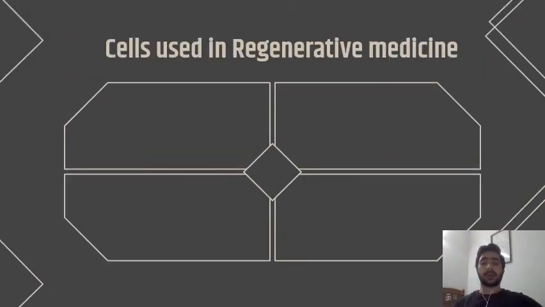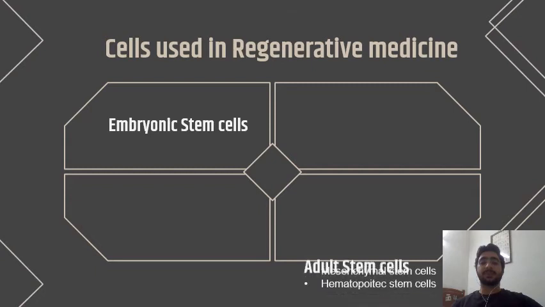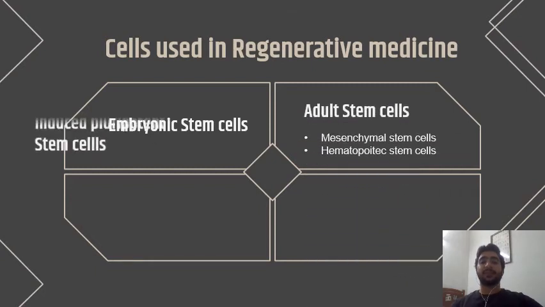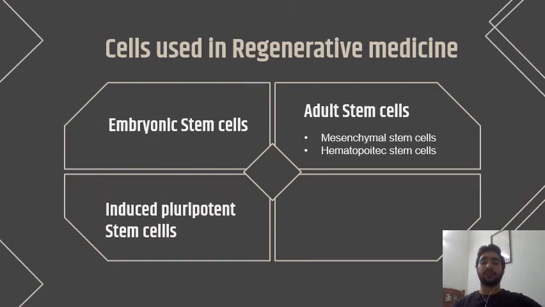There are different types of stem cells that differ in their capacity to proliferate and differentiate according to their sources. These types are embryonic stem cells, adult stem cells, induced pluripotent stem cells, and perinatal stem cells.